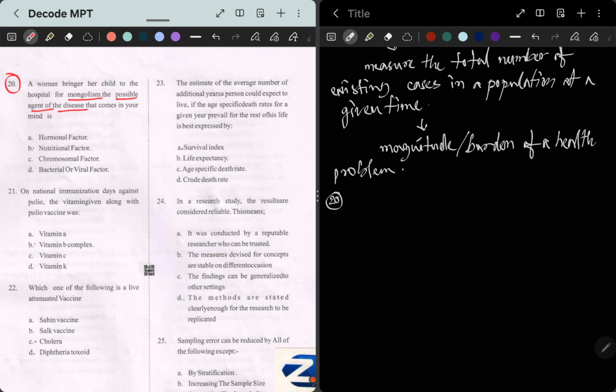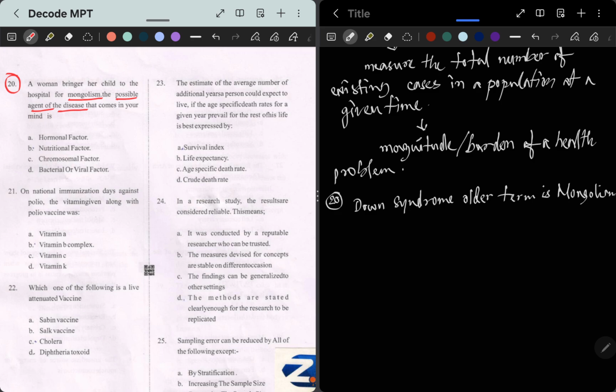In Mongolism, in Down syndrome, the older term is Mongolism.